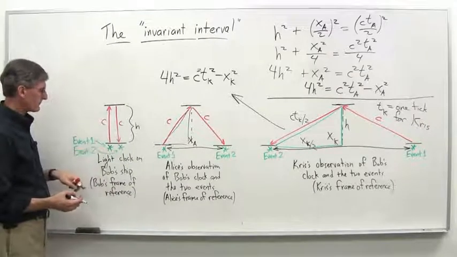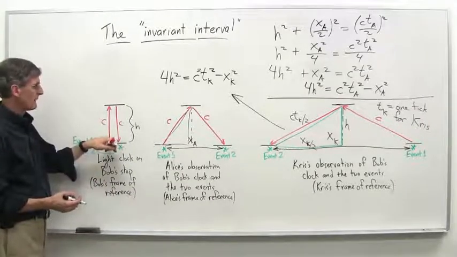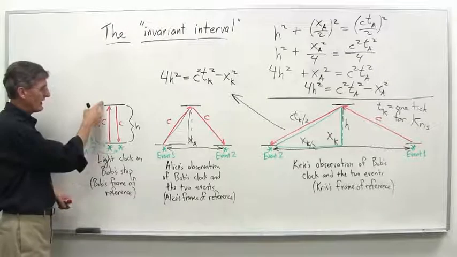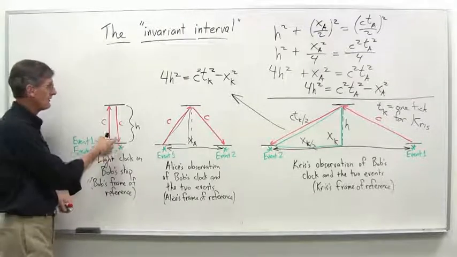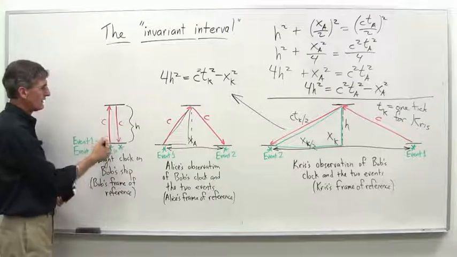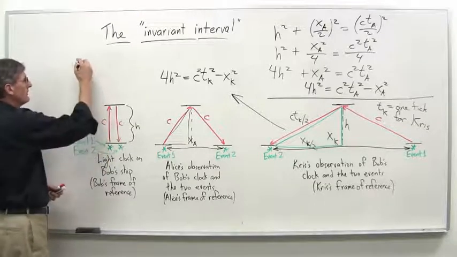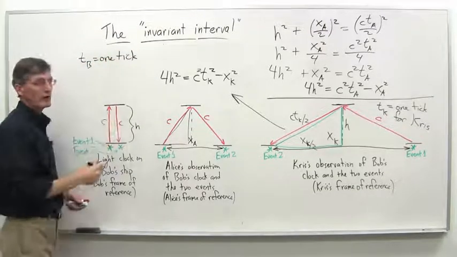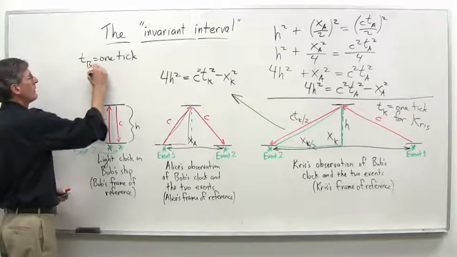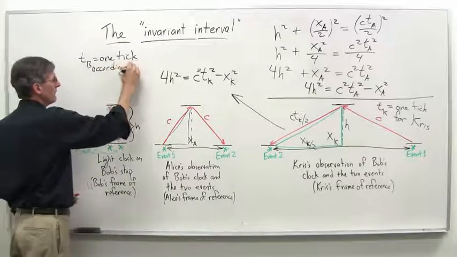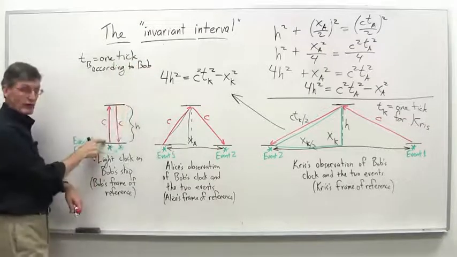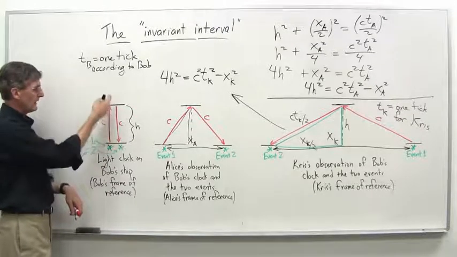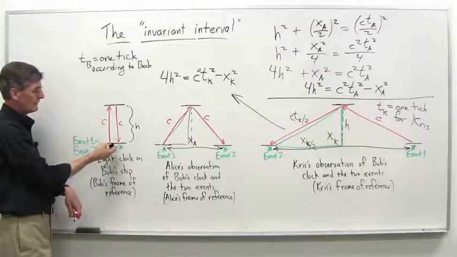For Bob, what would he have here? Well, he has the up trip and down trip. So it's h up and h down, which is 2h. For him, we'll say t sub b equals 1 tick on his clock according to Bob. The time to go up is therefore half of t sub b, so the distance up is c times t sub b over 2.